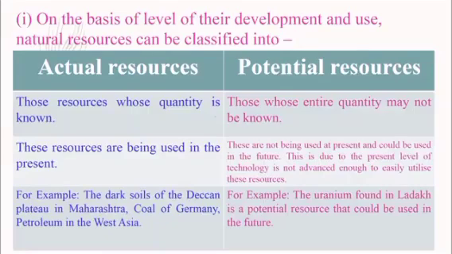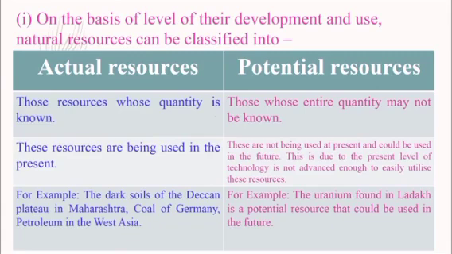The first one is on the basis of level of their development and use. Natural resources can be classified into two. The first one is actual resources and the other one is potential resources. So what is meant by actual resources? Actual resources are those resources whose quantity is known, whereas potential resources are those resources whose entire quantity may not be known.